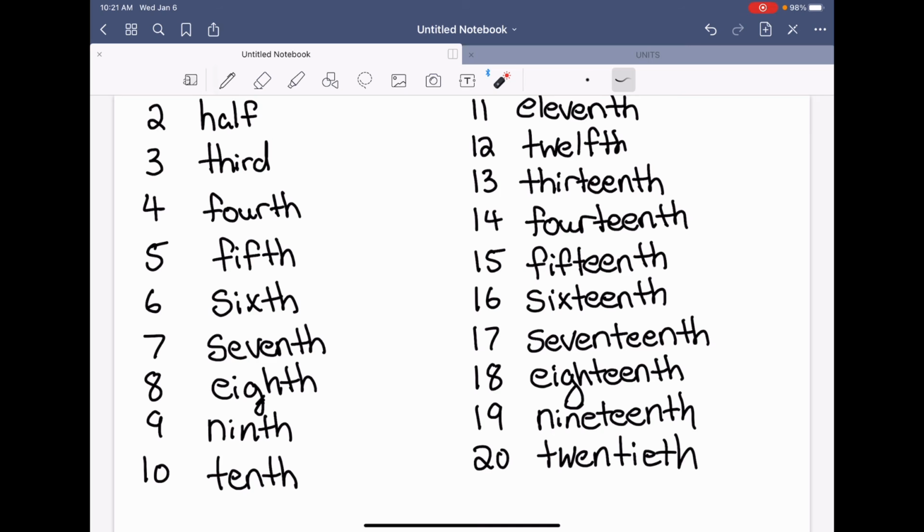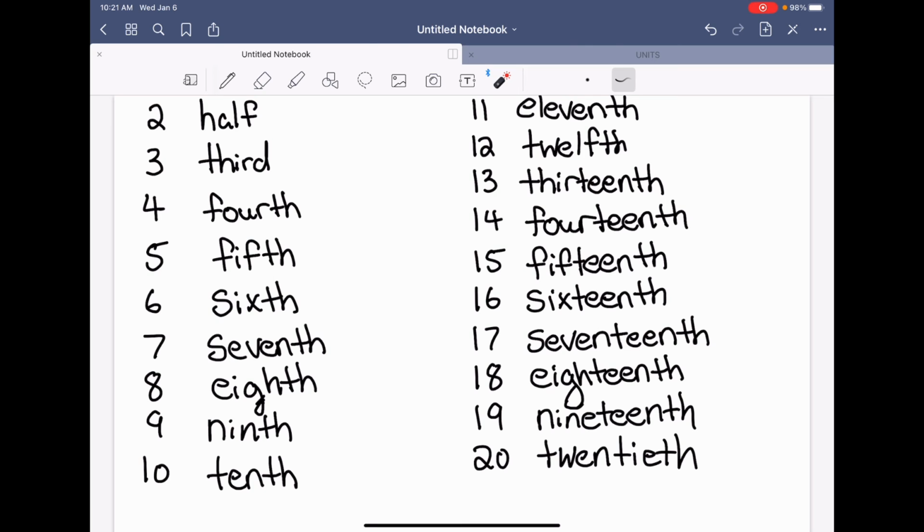You always read the top number, the numerator, the same way. But the denominator, we read differently. Here I have written down how we should read and write the denominator.